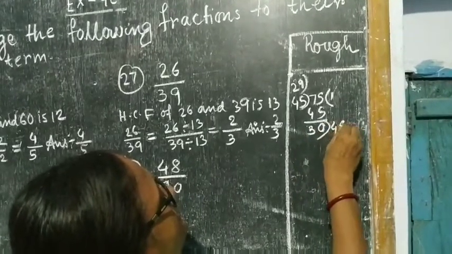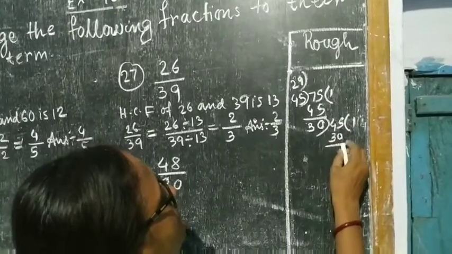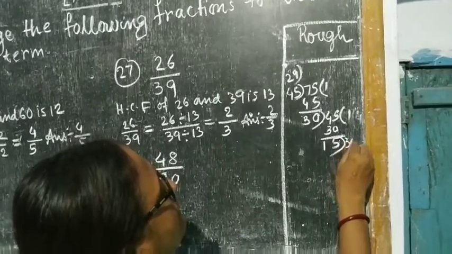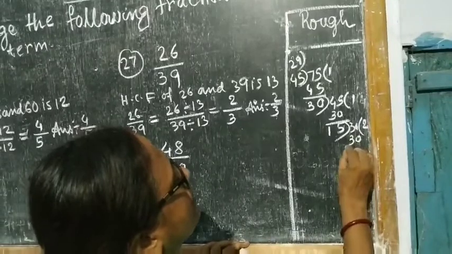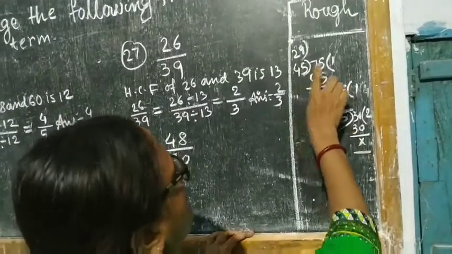Now again divide 45 by 30. 30 ones are 30. 5 minus 5, 4 minus 3, 1. So again divide 30 by 15. 15 twos are 30. So 15 is the HCF of 45 and 75.